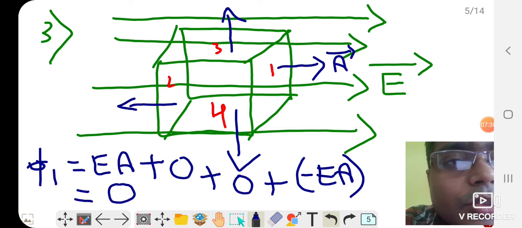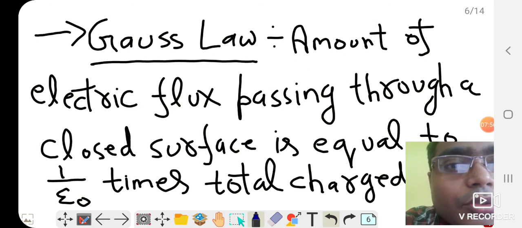Clear? So here also you have seen that the net flux of the cuboid will be 0, because one will be EA, another will be minus EA, so the sum will come out 0. So I think it is clear to all of you how we have calculated the flux and what is the meaning of flux. So let us go to the next topic, that is very important, Gauss law.